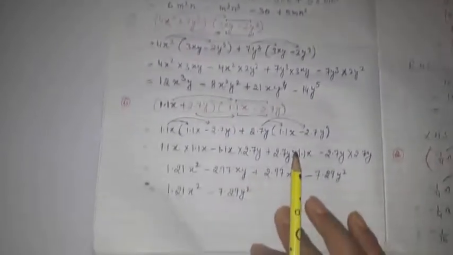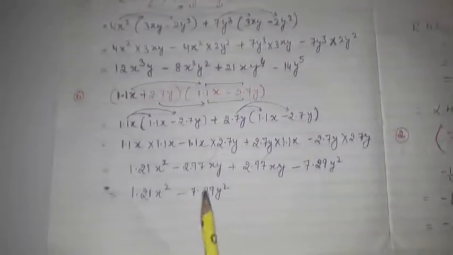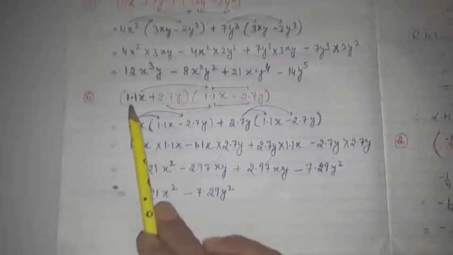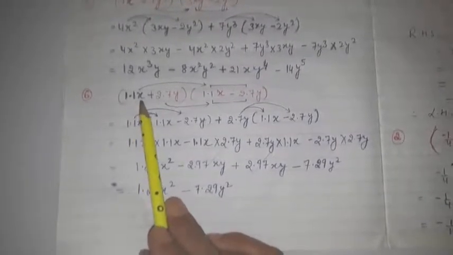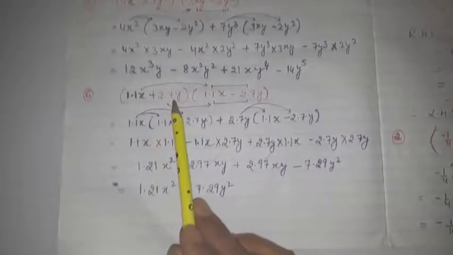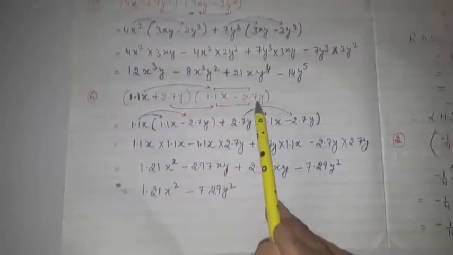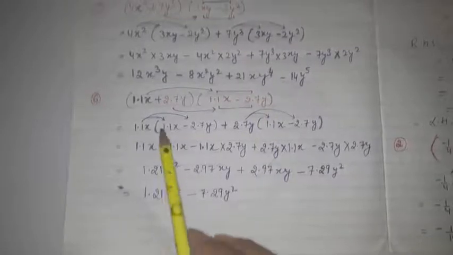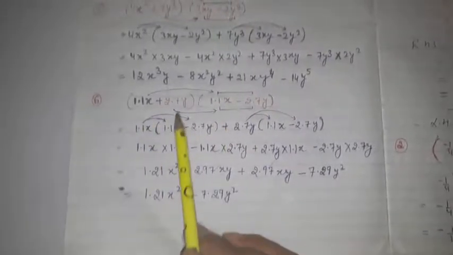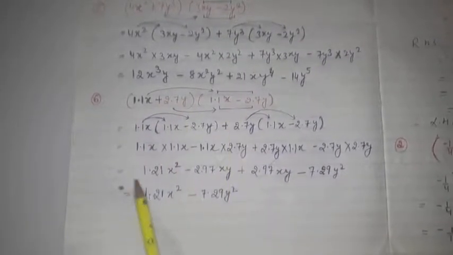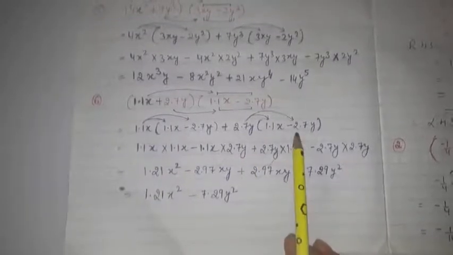Now the last part of this question is (1.1x plus 2.7y) into (1.1x minus 2.7y). Again we multiply the first term with the second and second term with the second binomial as it is.